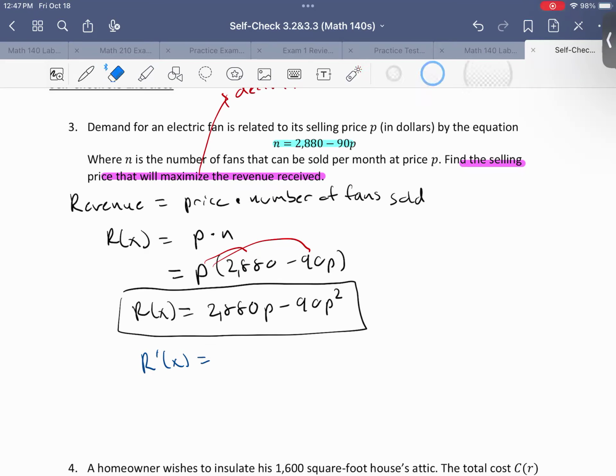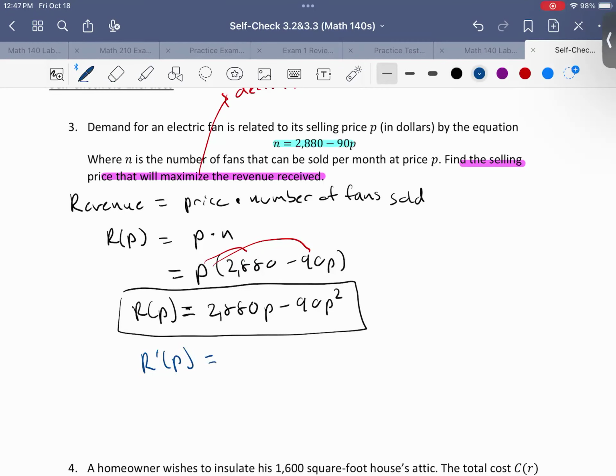Maybe I should change this a bit, have it as a function of P, right? Let me change this one too.